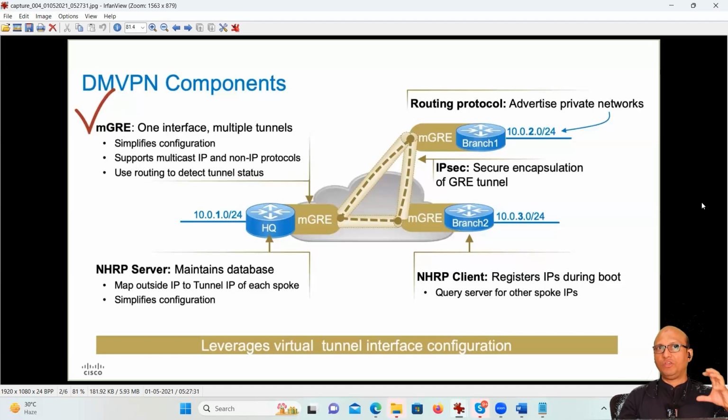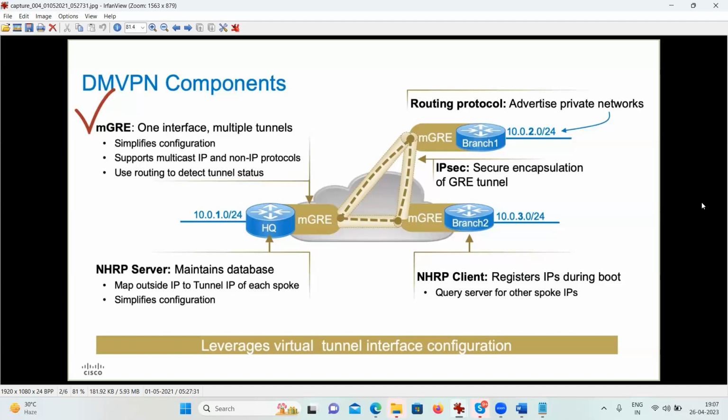But here the question is, we are not doing only hub and spoke, which is the common practice. Here we are doing hub-to-spoke and spoke-to-spoke. DMVPN gives you the features of both.